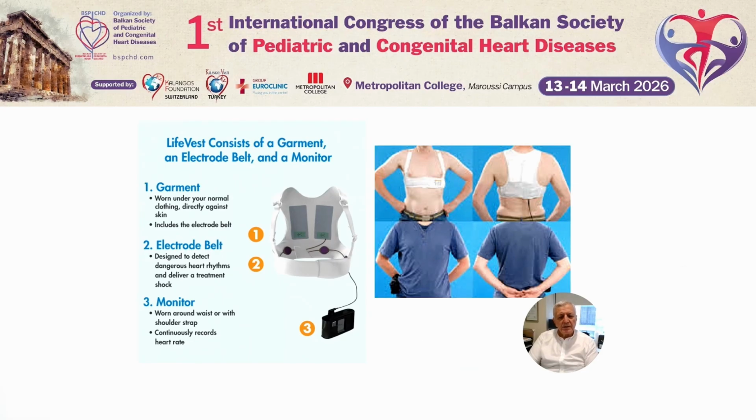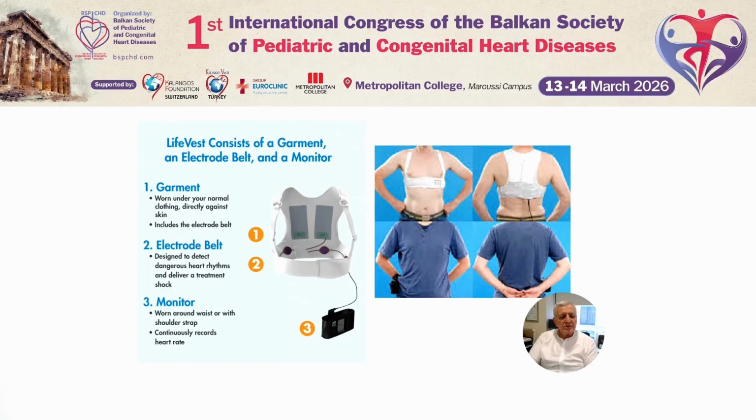First thing, the life vest, which can be used in patients who are not suitable or do not want to have an ICD device inserted. This device has 3 parts. One is the garment, which is worn under your normal clothing directly against the skin and includes an electrode belt. The electrode belt is designed to detect dangerous heart rhythms and deliver a treatment shock.